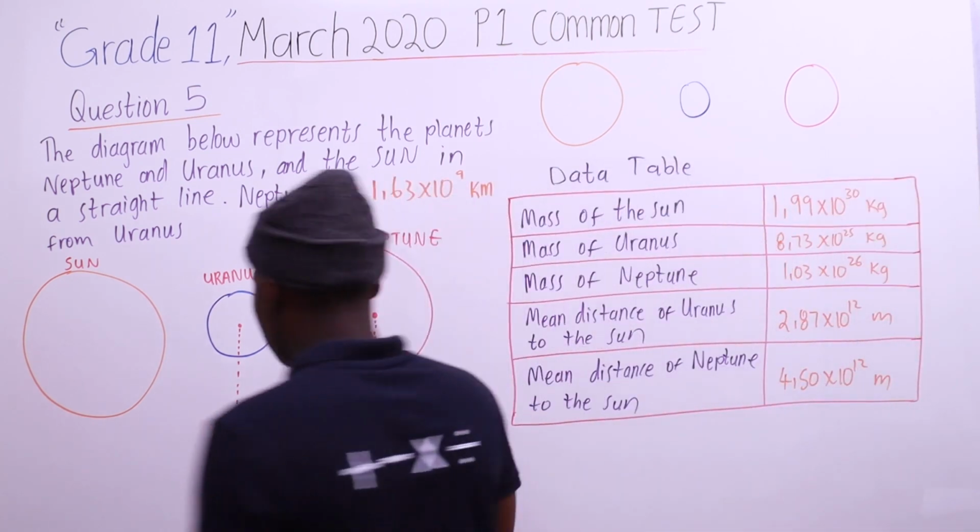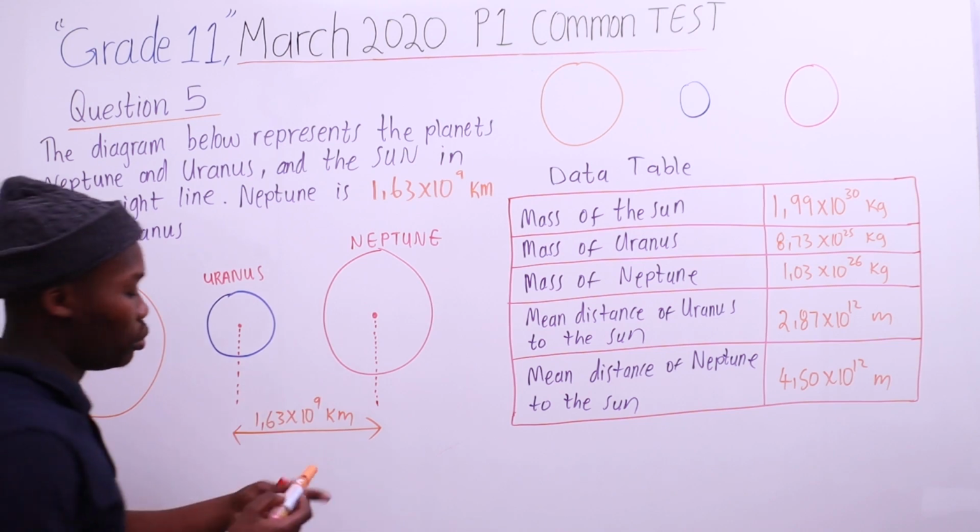What do we know? We know the distance between Uranus and Neptune.